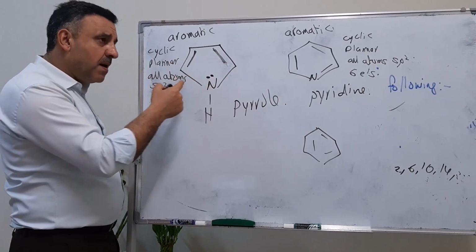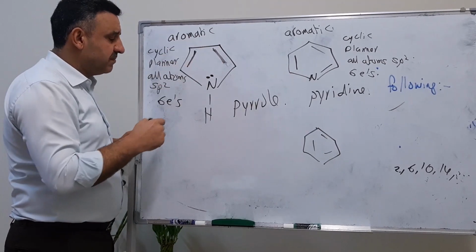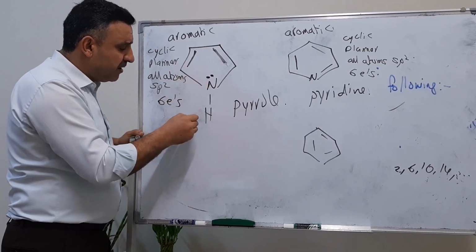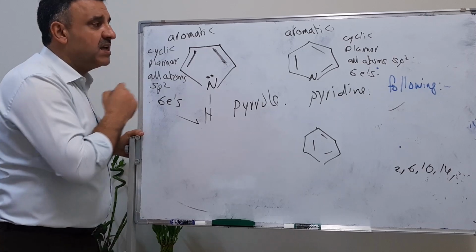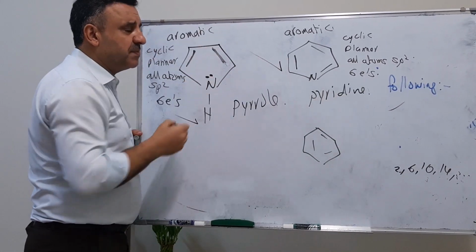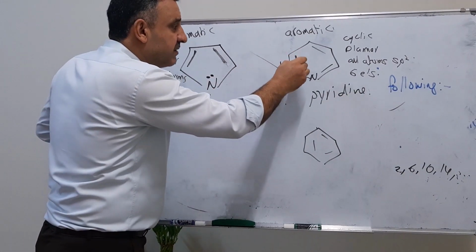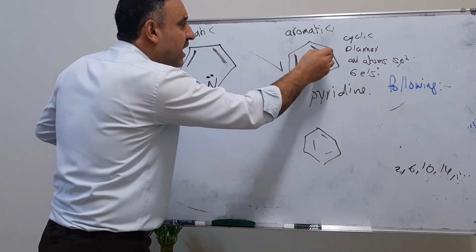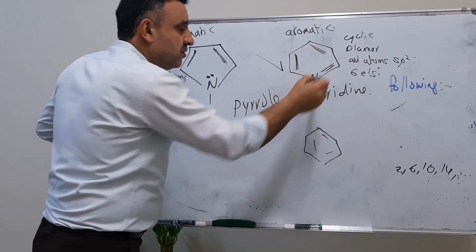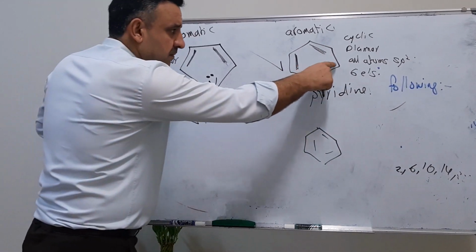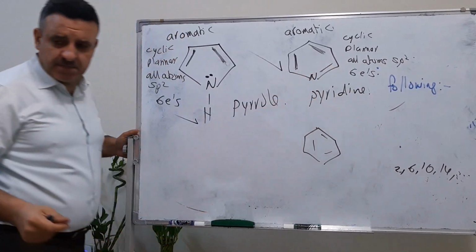These 2 are part of the aromatic system. So therefore this compound we consider to be aromatic. This here we also consider to be aromatic, because there are 6 electrons coming from the pi electrons here. Do you follow me? You follow me, guys?